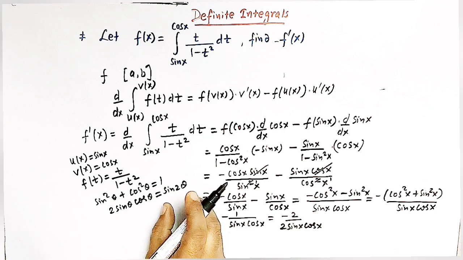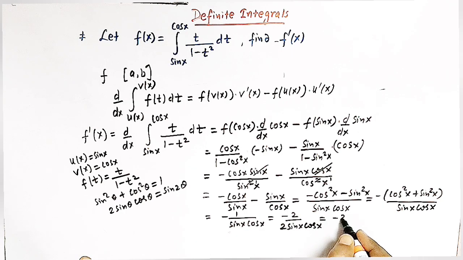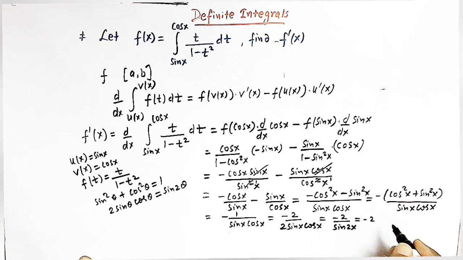So this is the double angle formula for the sine function. So here 2 sine x cosine x is given by sine 2x, so we have minus 2 over sine 2x, and 1 over sine 2x can be written as cosec 2x.